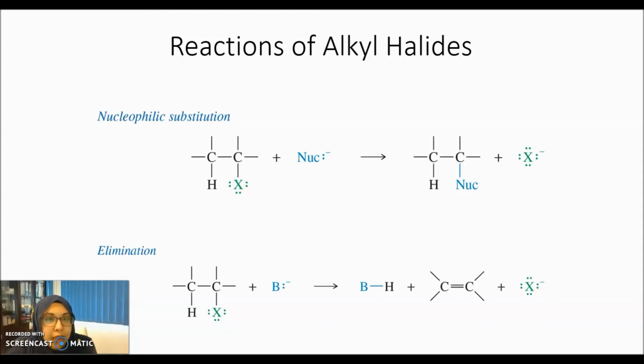Also, we can proceed with elimination. Instead of substituting the halogen atom, we eliminate both the halogen and the hydrogen adjacent to the carbon with halogen, and we will have a double bond.